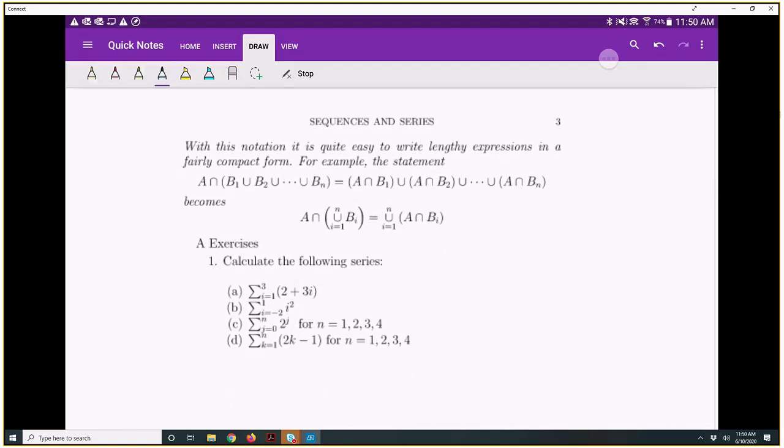We can also use this notation when we have expressions that have both intersections and unions. And it's very convenient to write these lengthy expressions in a compact form.